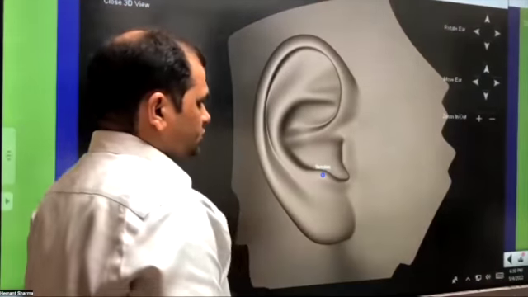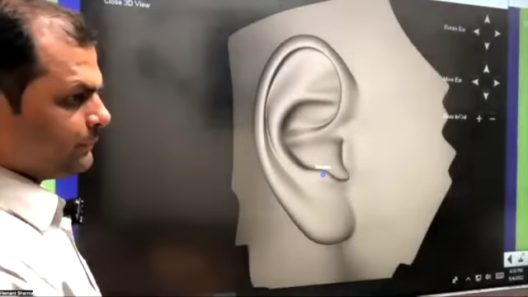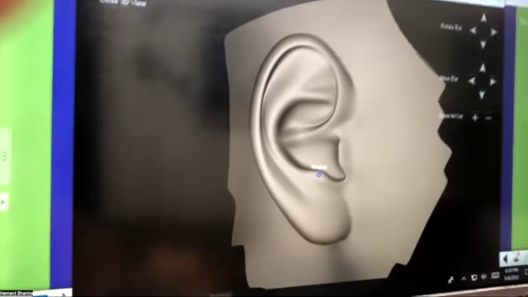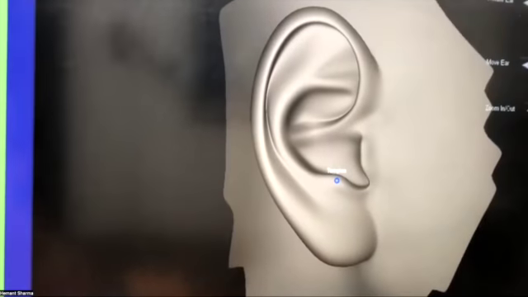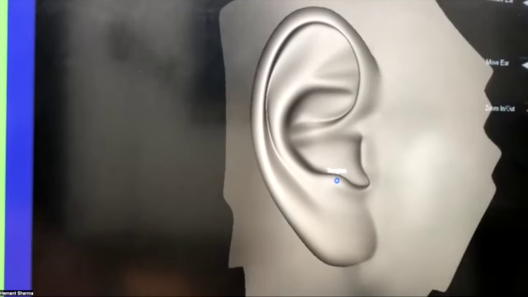So look at this point. This is the temple point. Okay, this is the temple point, right? But if you go just on the other side of this temple point, on the hidden side of this temple point, there is an exciting point.